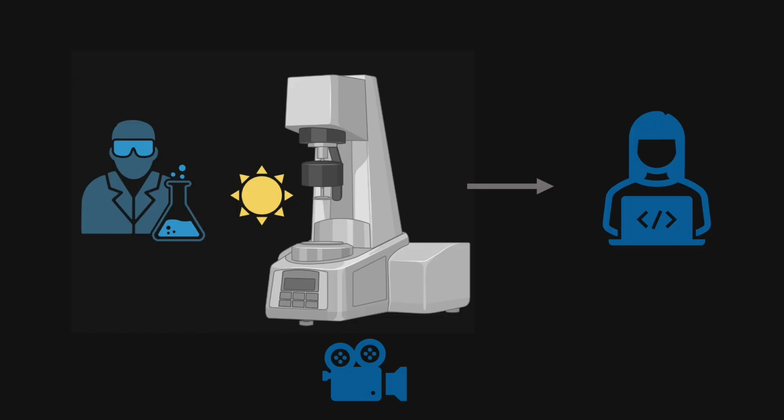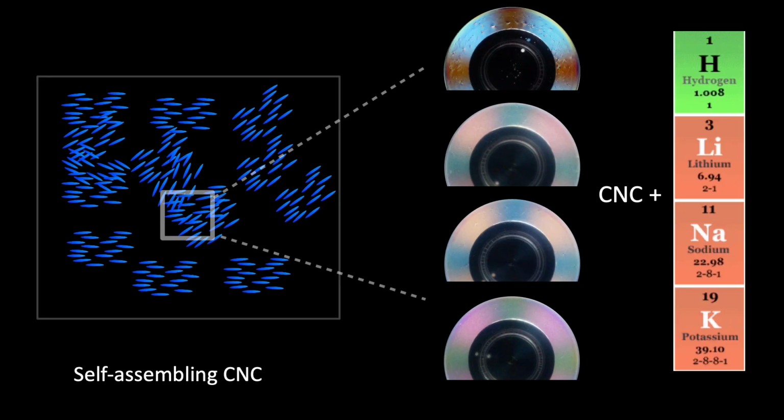So to investigate our prepared CNC suspensions, we need an instrument called the rheometer. We need to place our prepared material, a source of light, a camera to record visual changes in the microstructure, and of course a computer to process all obtained results. By playing with molecules and sulfate content, we get different outcomes. Those systems which show colorful behavior are called self-assembling.